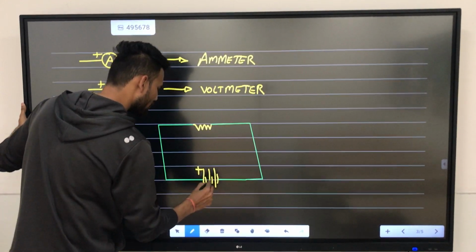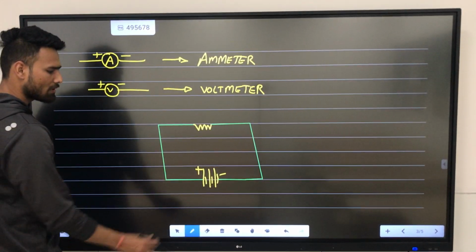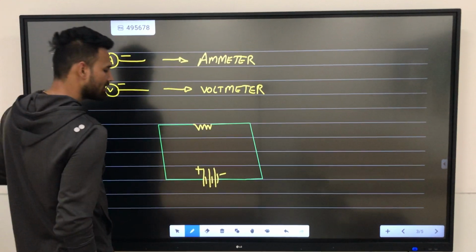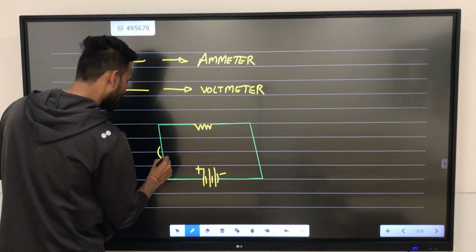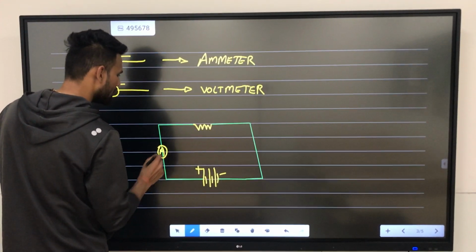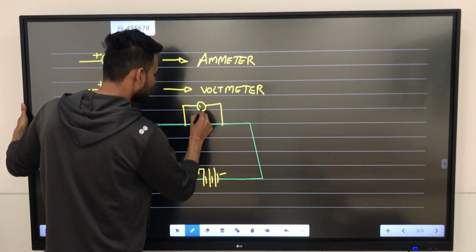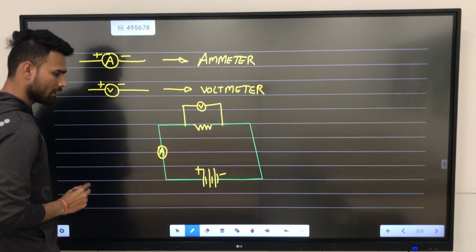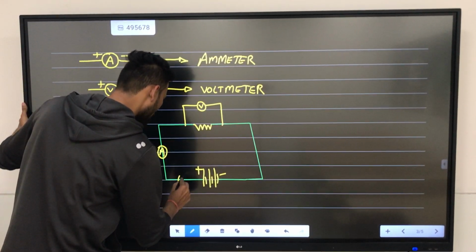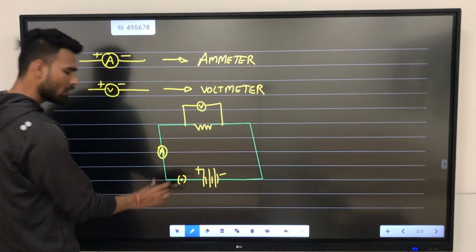This one is the positive terminal, this one is the negative terminal. This is the battery, this is the resistor, and here we are putting an ammeter. And here we are fixing a voltmeter. And here we are also fixing a plug key, which is closed.